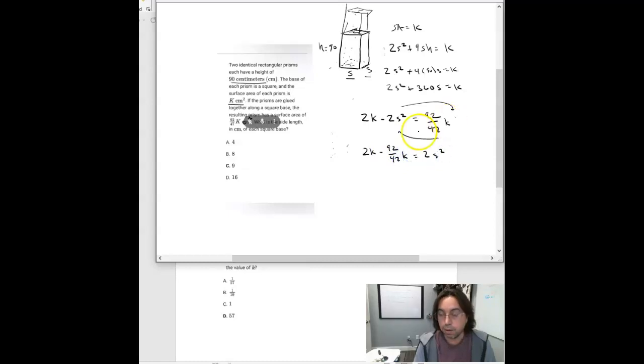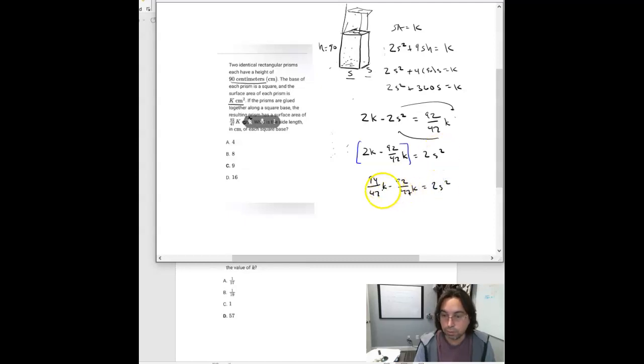Okay, I can simplify the left-hand side now. As I simplify that, that's 47, so that's going to give me 94 over 47 k minus 92 over 47 k equals 2s squared.